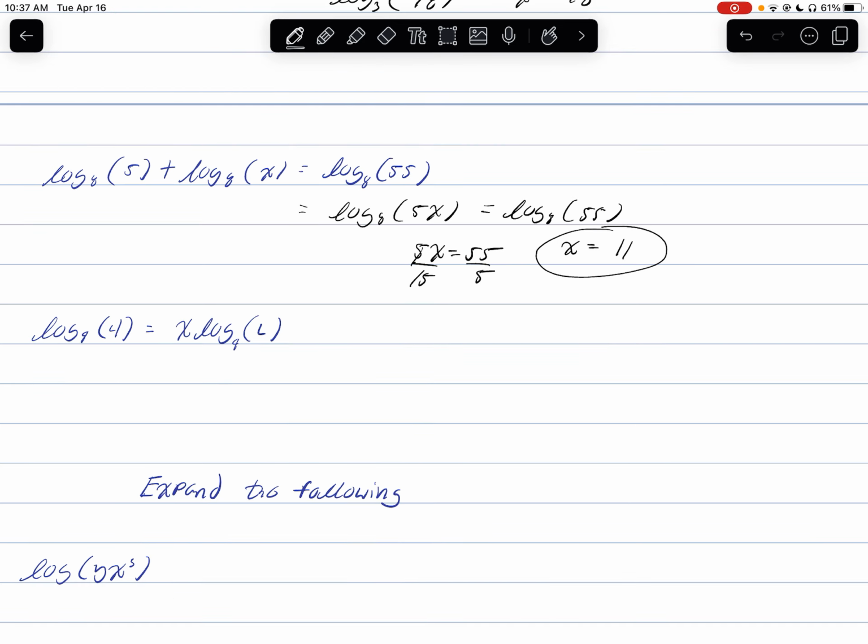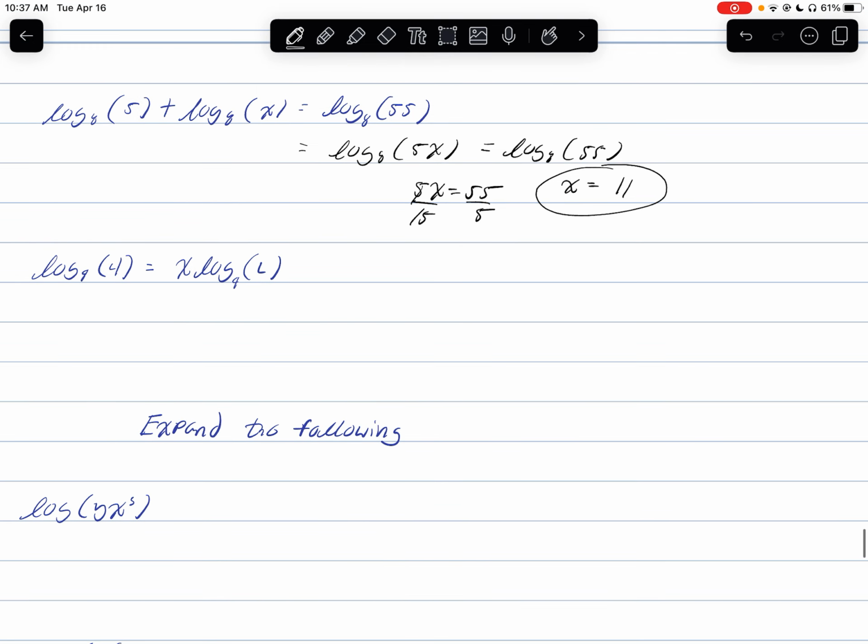How about this one? We have log base 9 of 4 is equal to x times log base 9 of 2. We can rewrite this as log base 9 of 4 is equal to log base 9 of 2 to the x, and this comes from our exponent rule.